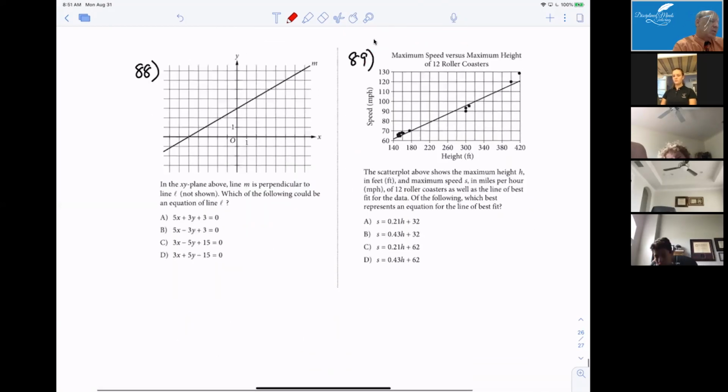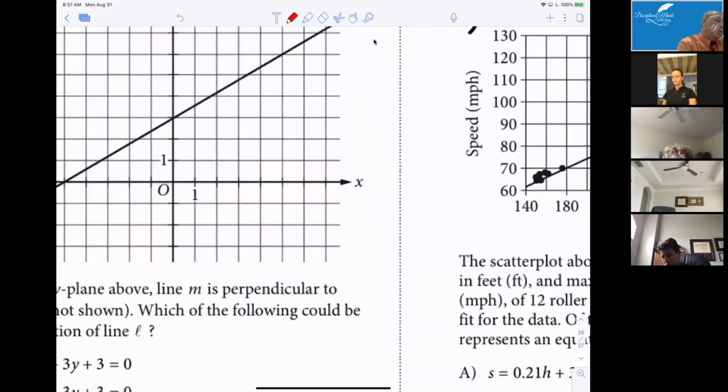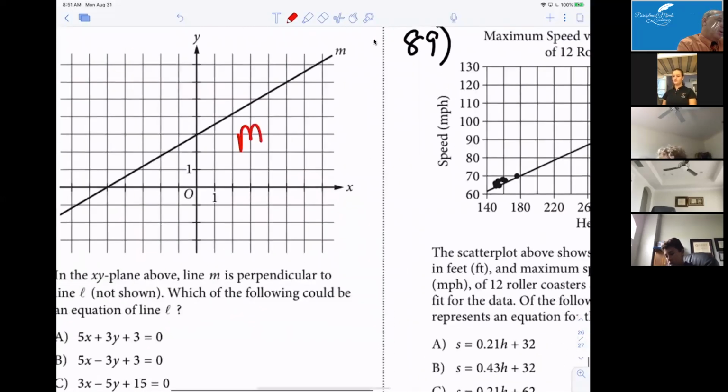All right, the last two. In the XY plane above, line M is perpendicular. So I need to figure out the what? Slope. All right, so what is the slope of this line? Someone tell me.